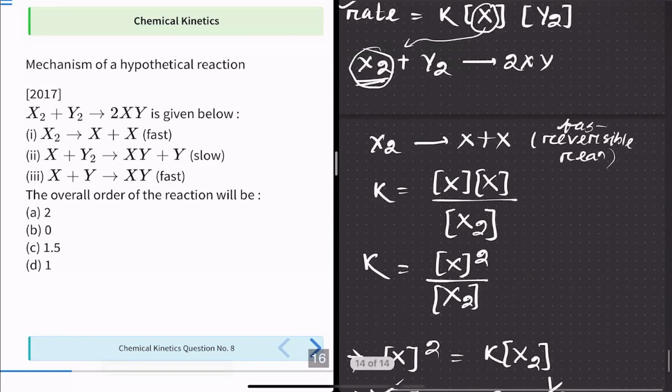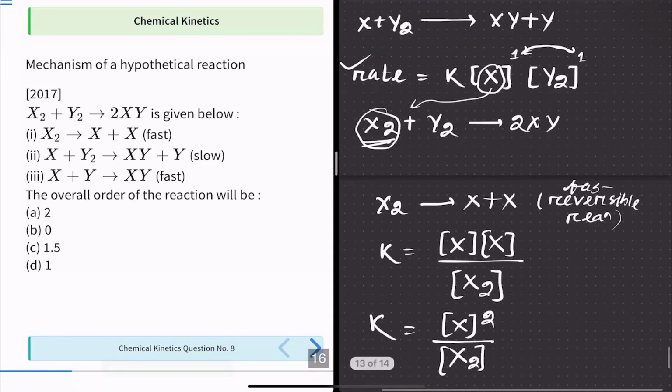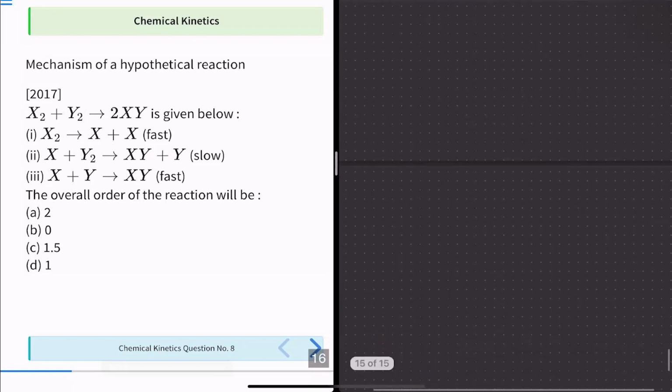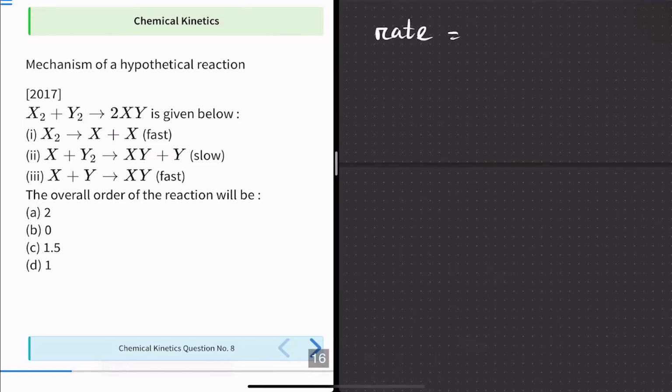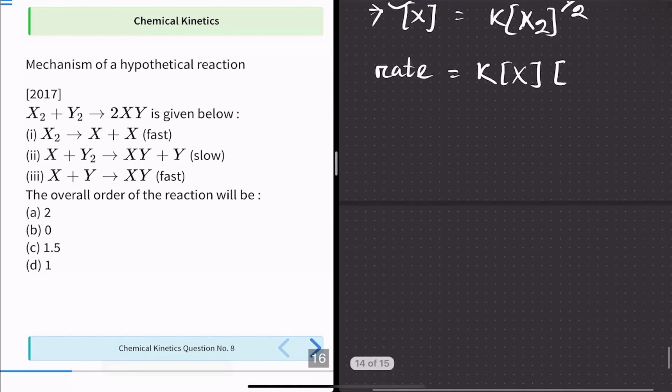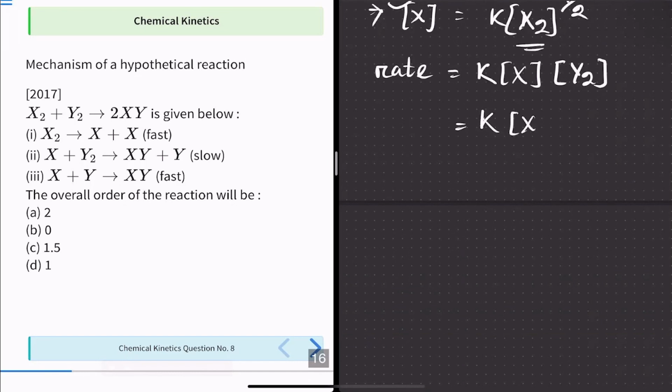Let's put the X value here. What is the rate given? Rate is equal to k into X into Y2. From the equation we got, X value is X2 to the power half, so rate is k X2 to the power half into Y2.